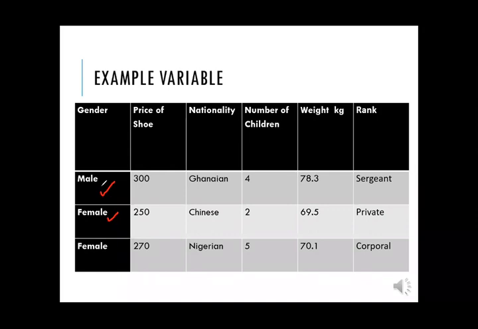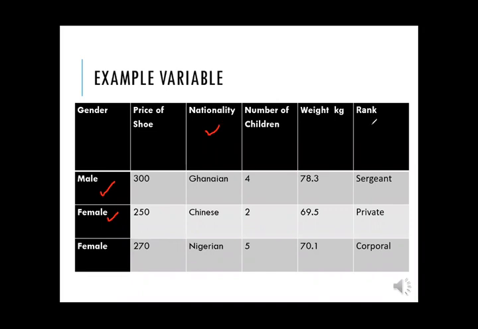They are two unique things. The same way with nationality, Ghanaian is not better than Chinese, neither is Chinese better than Ghanaian. They are just unique classifications, where there is no order of preference.